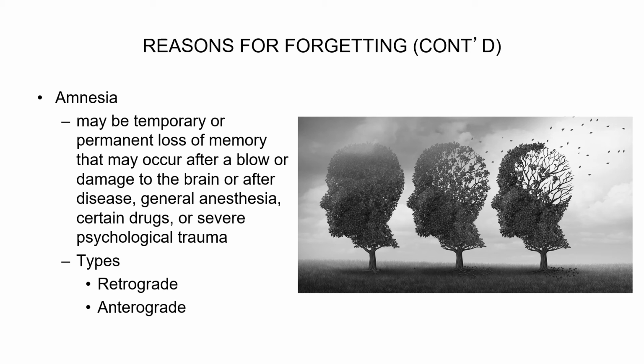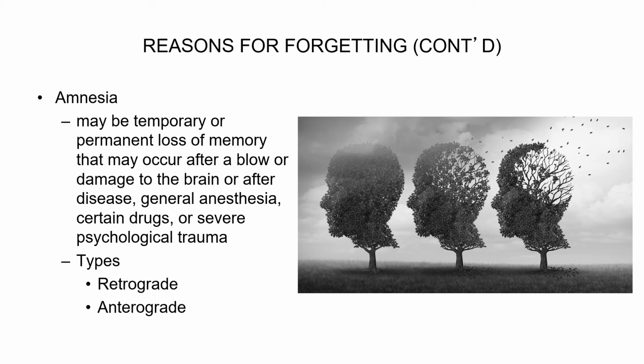Typically, amnesias are going to be of the permanent nature unless it's a problem with making associations. So those things in the brain, we can't make associations with them until we fix something, and then we can make associations with them again. But typically, what you're looking at with amnesia is a permanent loss of a chunk of memory because those memories didn't consolidate.